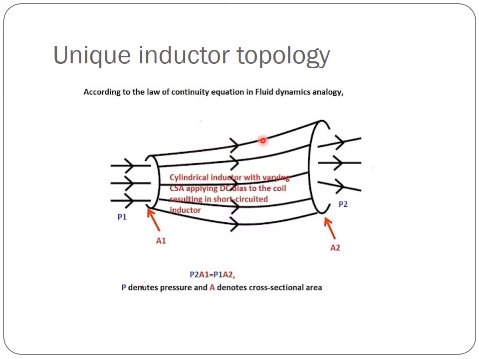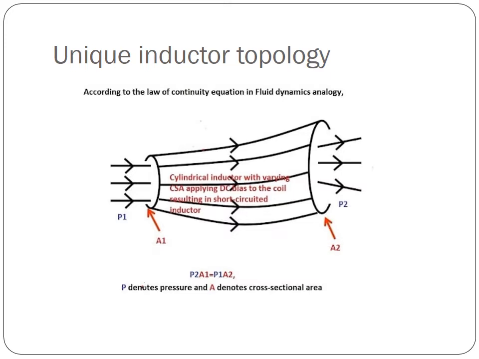So this is a cylindrical inductor with a non-uniform cross section with the coils wound around it, and the flux lines are flowing from here. It is a cylindrical inductor with a varying cross-sectional area, applying DC bias to the coil, resulting in a short-circuited inductor. P1 is the pressure here, P2 is the pressure here. They are directly related to the potential term, and A1 is the area here, A2 is the area here.